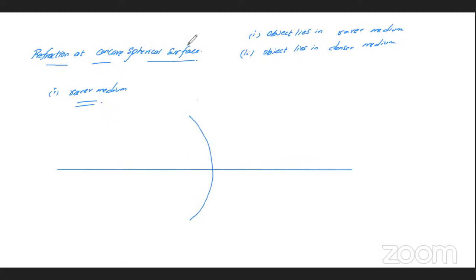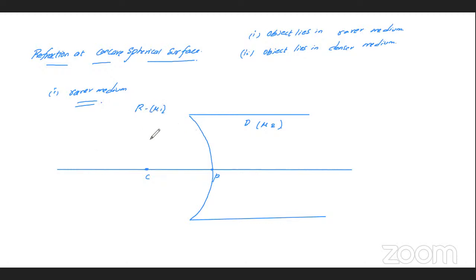For this concave spherical surface, there is a denser medium. In the denser medium, in the concave, the center of curvature is on the forward side. So this is the center of curvature, C, and this is your pole. The denser medium I'll take as D, with refractive index mu2. The rarer medium R, with refractive index mu1.